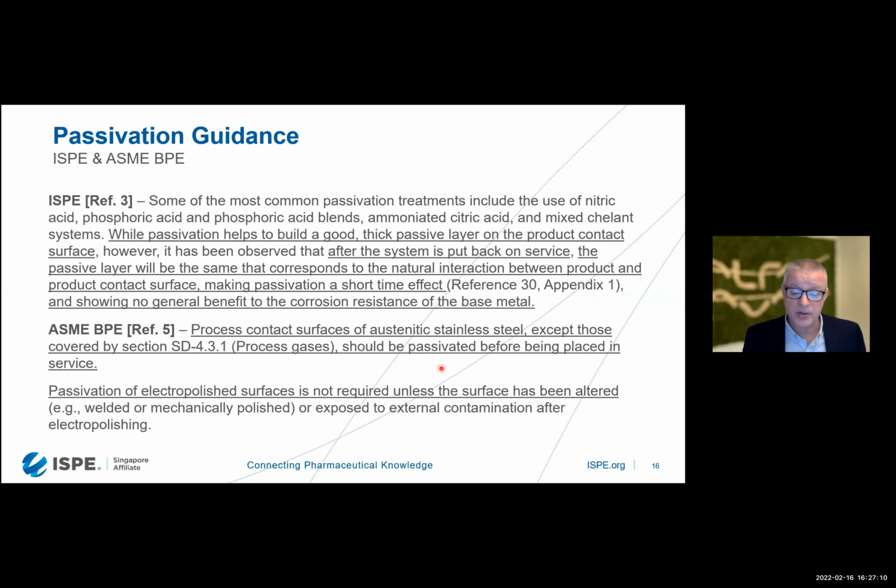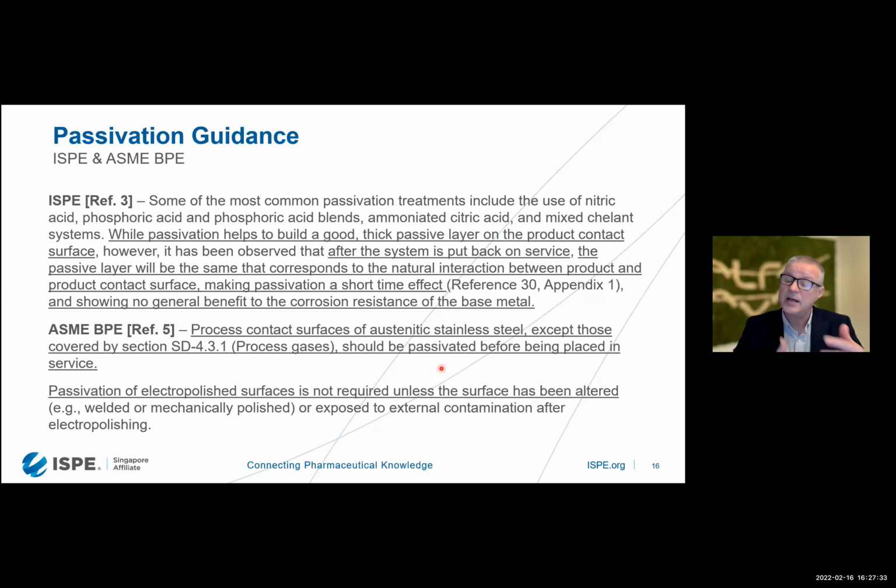Natural interaction between product and product contact surface makes passivation a short-time effect, showing no general benefit to the corrosion resistance of the base metal. And we have also seen this, that stainless steel is a very good steel to have a natural passivation, as long as you secure that the surfaces are cleaned.